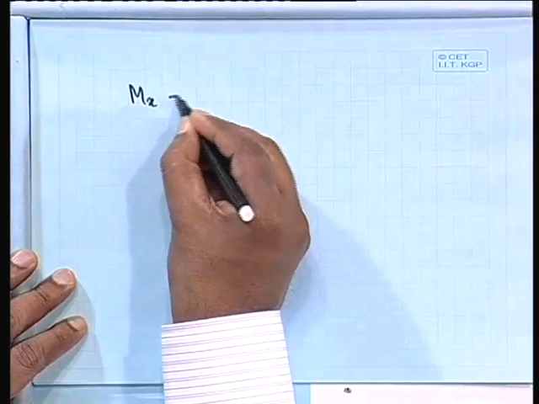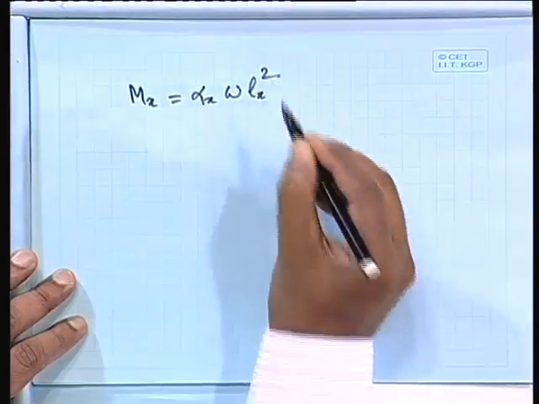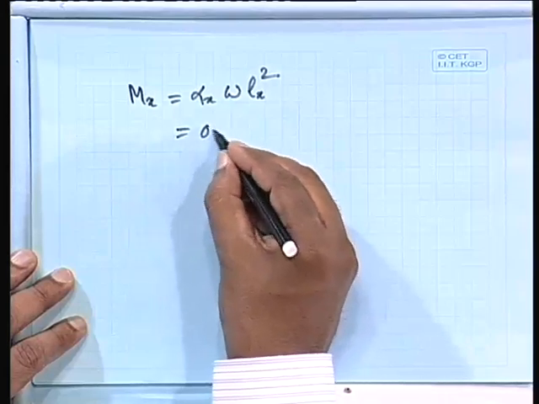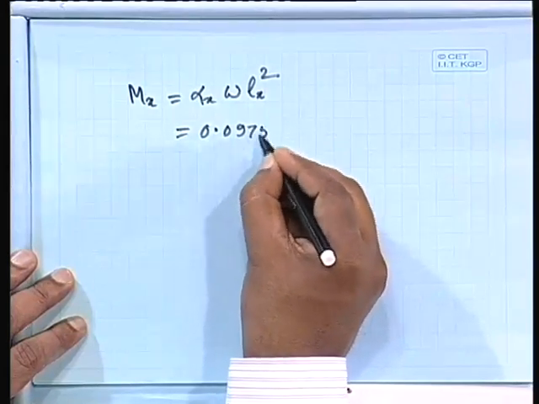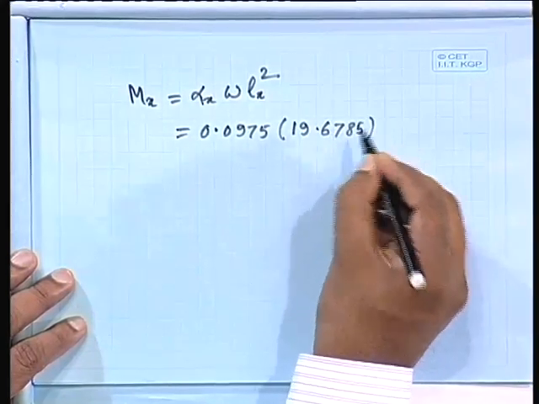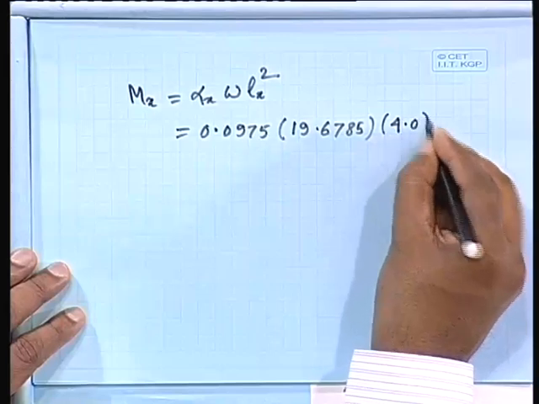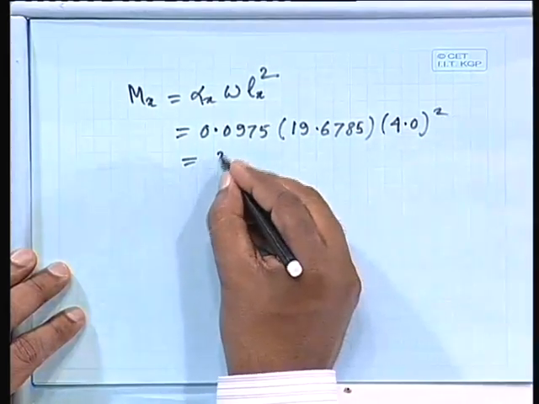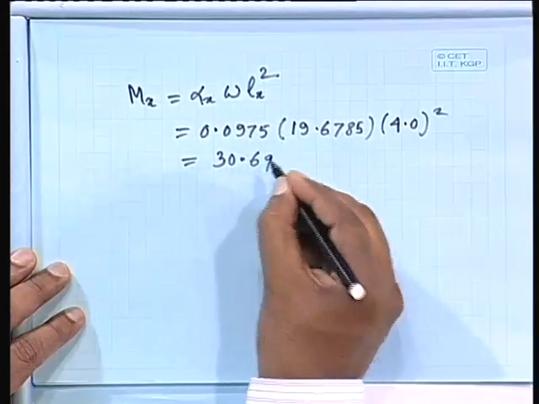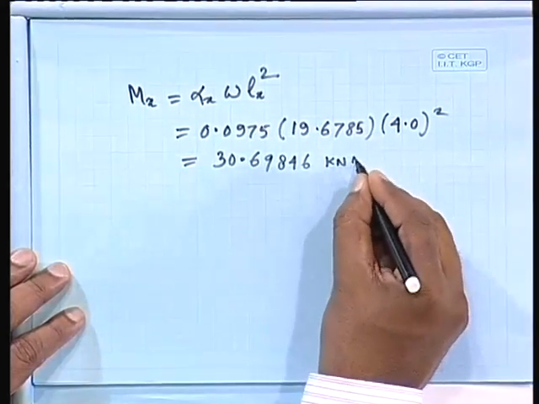So what is the value of Mx? Mx equals alpha x w Lx square, which equals 0.0975 times 19.6785 times 4 square, which equals 30.69846 kilonewton meter.